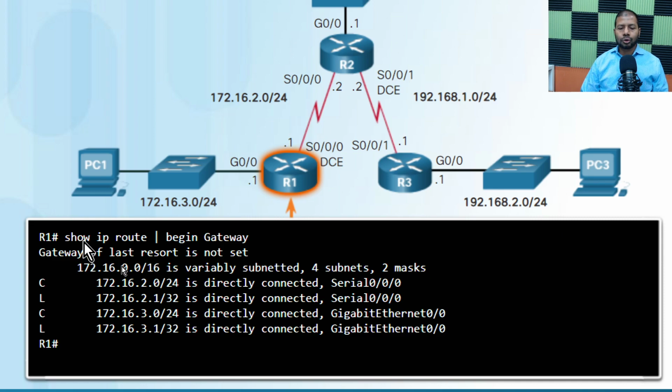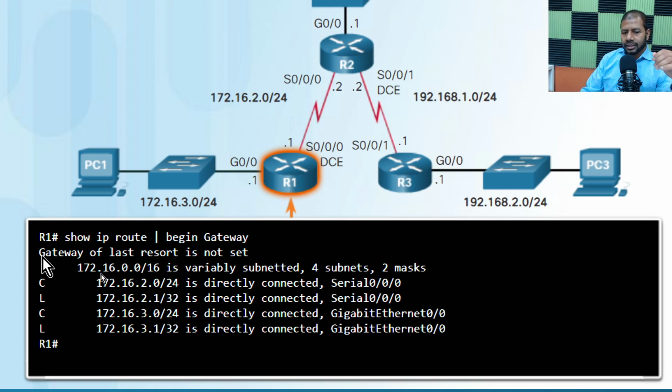Here I am doing a show command. Here I'm not writing a route. I'm just looking at my routing table. So I typed show ip route, and then this pipe and begin gateway, meaning the line in the routing table that has the word gateway, just begin there. The router has some more lines in the routing table. It's not showing those.